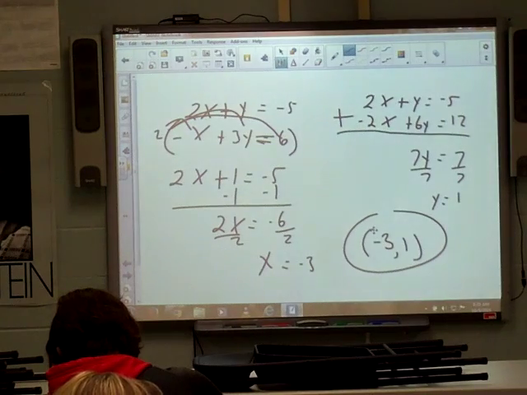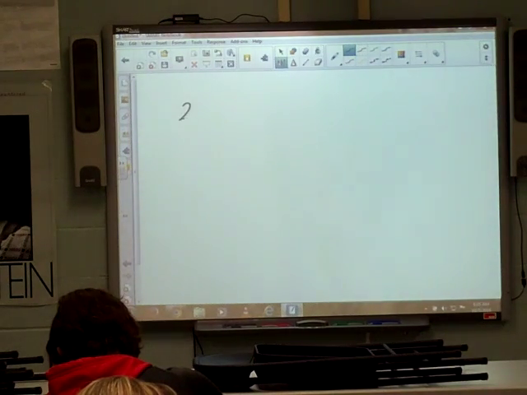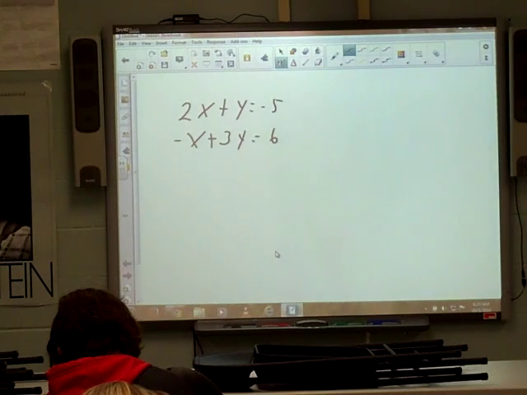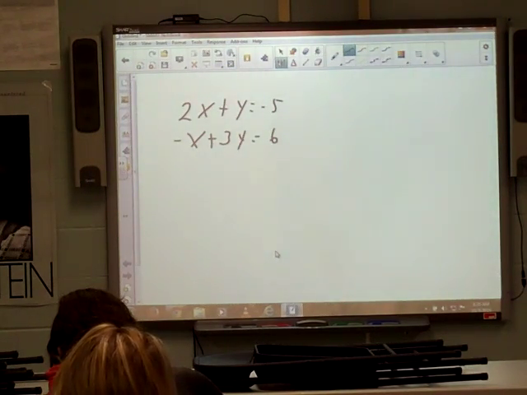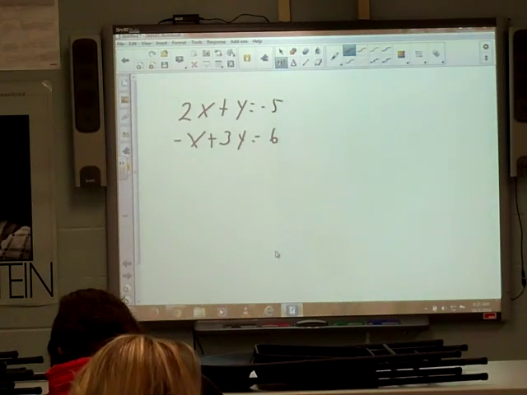All right, I'm going to do that same one by substitution now since we had some substitutors. I got 2x plus y equals negative 5, and then I've got negative x plus 3y equals 6. Which equation did you isolate a variable in? 2x, yes.